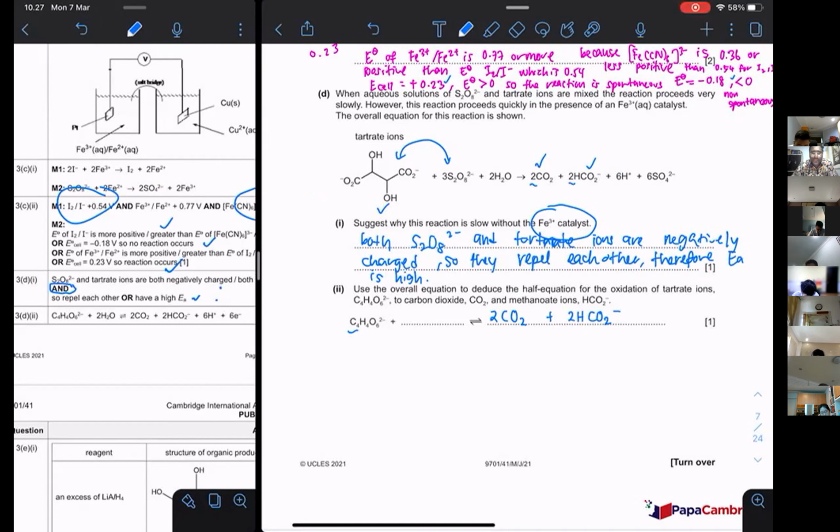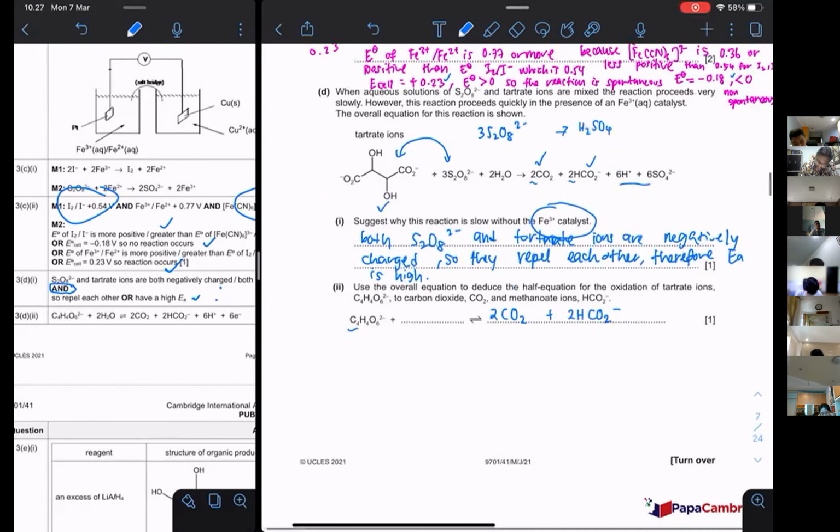The rest, we know that S2O8 2-, when I see this, maybe if I put it as H+, H2SO4, maybe I put 6, cannot. There's water.